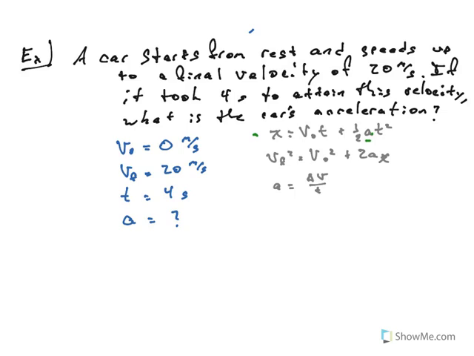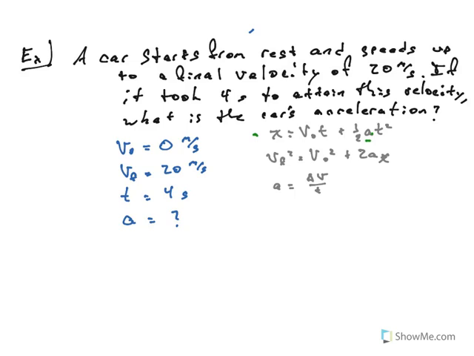The only other thing we need to know is if A is the thing I'm looking for, then every other variable in that problem I must know the number for. If I don't know the number for one of these variables, then there's 2 variables in my problem I don't know. And I know from algebra, you cannot solve a single equation with 2 unknowns. So the only way I'm going to be able to use this equation is if I know all the variables except for the one I'm looking for.